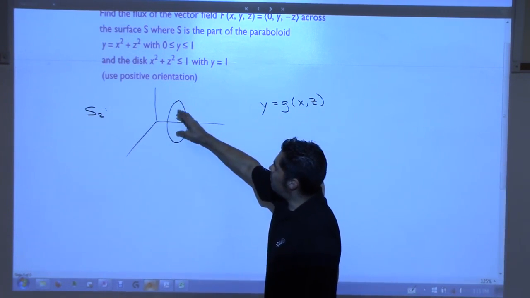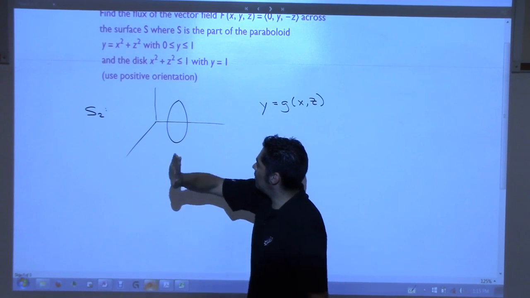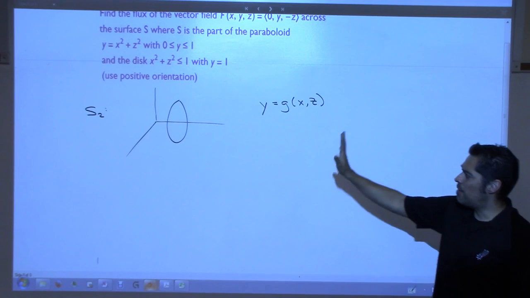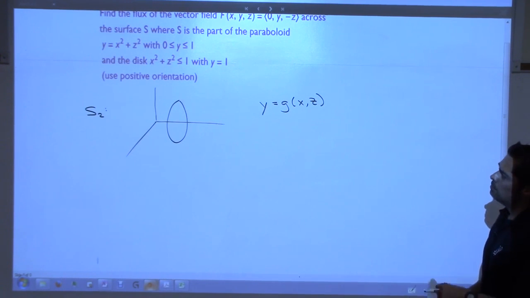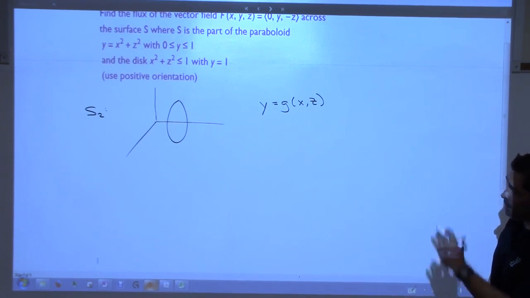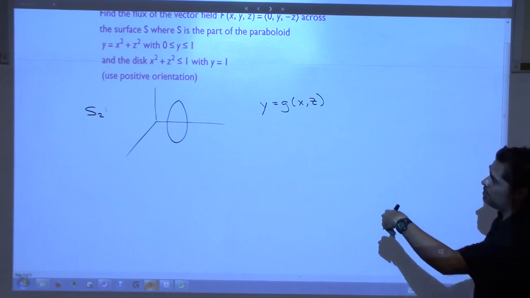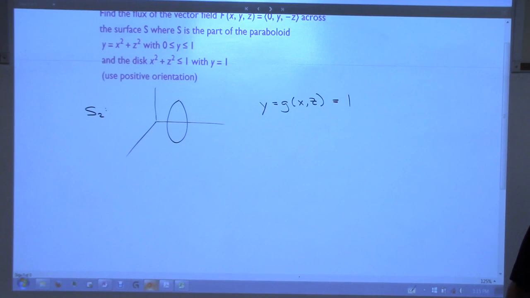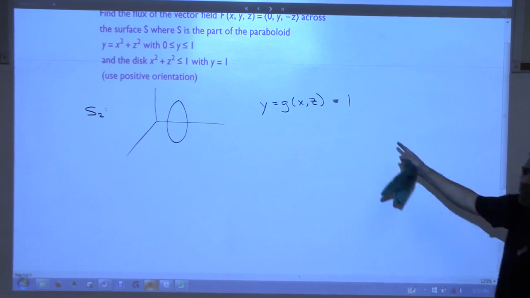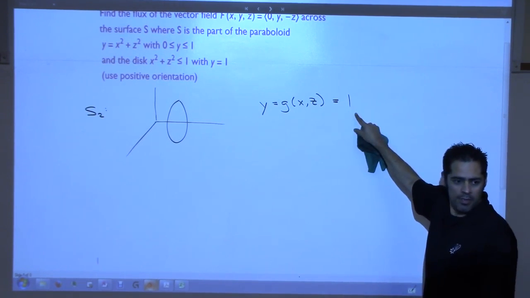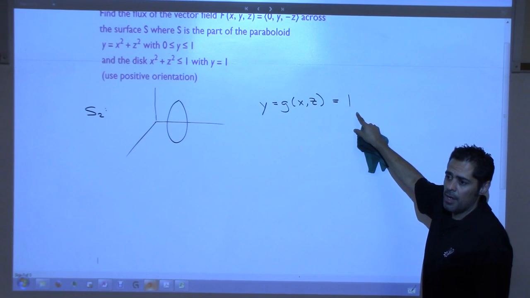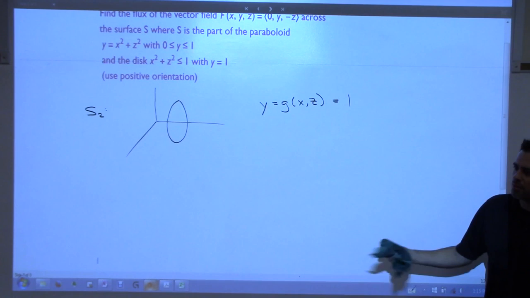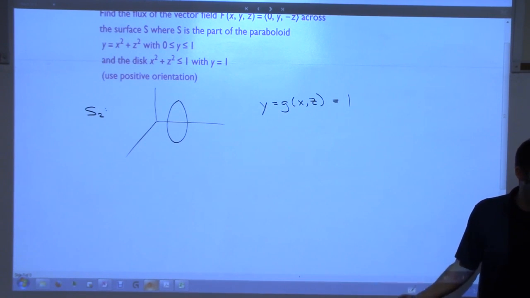The disk is an inequality, I agree with that, but do you agree that this disk lies on a plane? What plane does that lie on? It's parallel to the xz plane. It's actually y equals 1, right? Isn't that what it is? And that, you could say, is a function of two variables, x and z. They just don't appear there. And then you could go to the shortcut, couldn't you? It's just that your partials are going to wipe almost everything out.